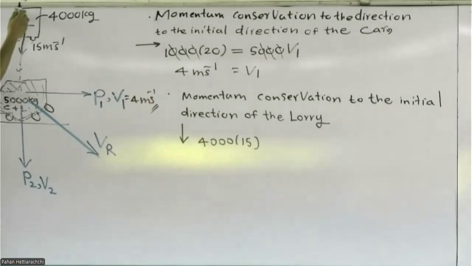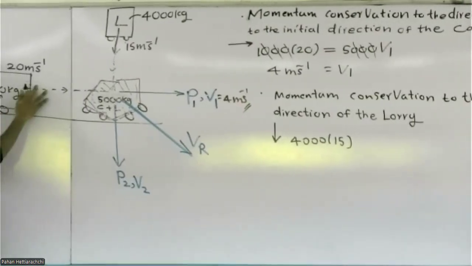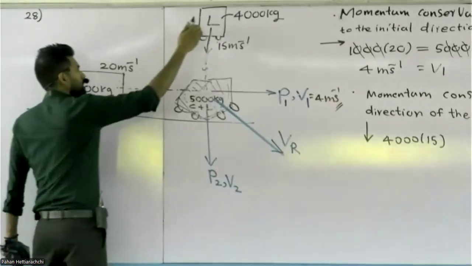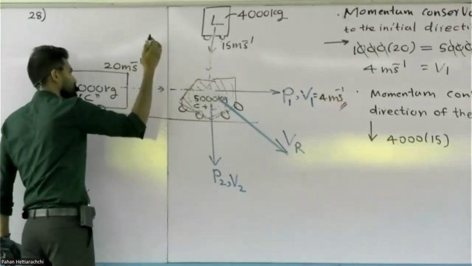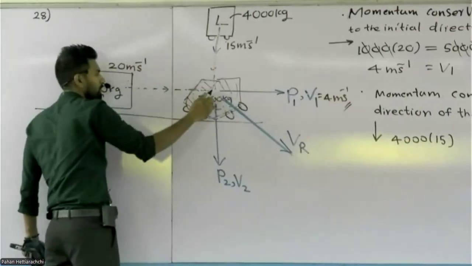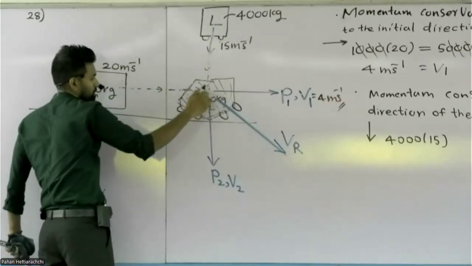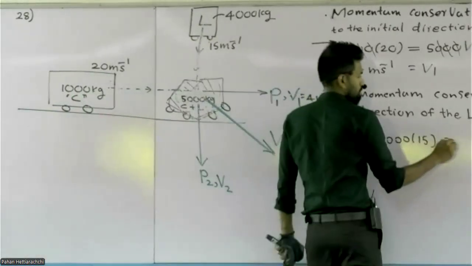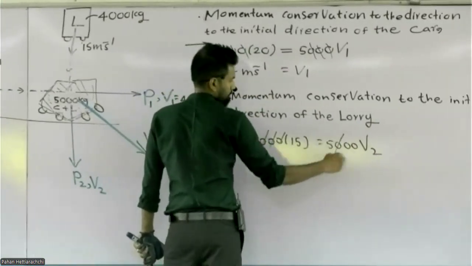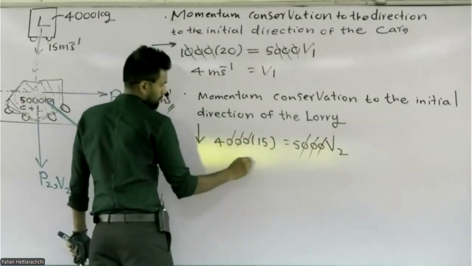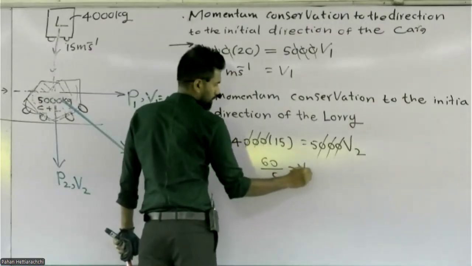When we are considering the initial direction of the lorry, the direction of the car is perpendicular to that, so it will not affect. 4000 into 15 is the only component at the beginning. 1000 into 20 is perpendicular to that, it doesn't affect. 4000 into 15 equals 5000 into V2 in this direction. Okay. So 60 over 5 is V2.